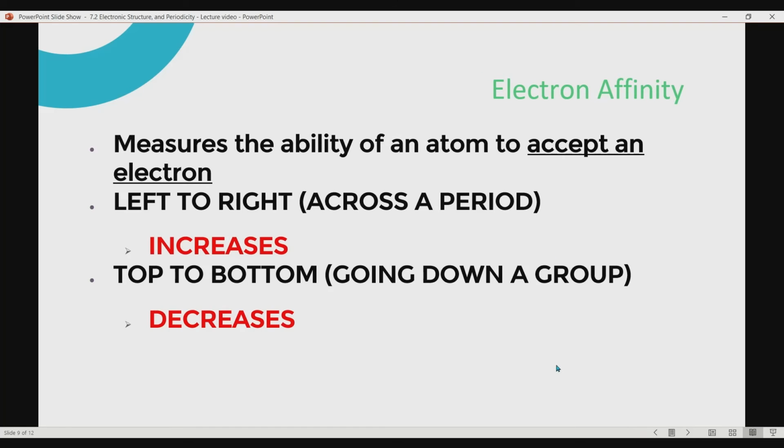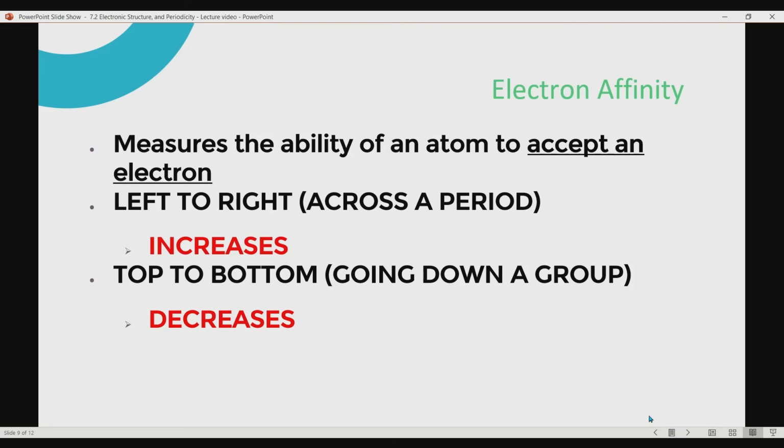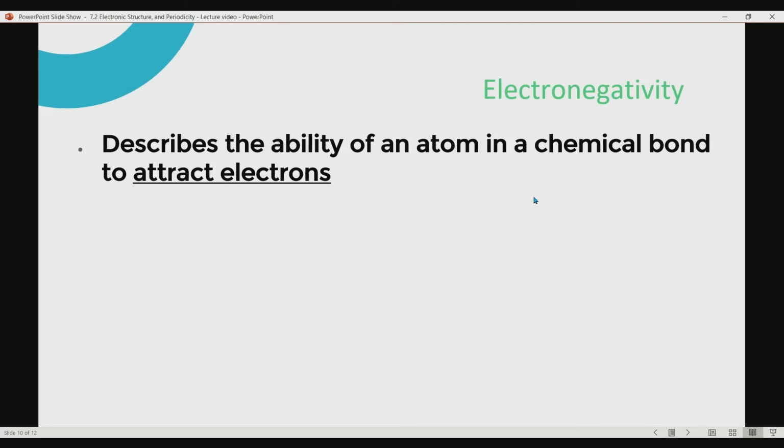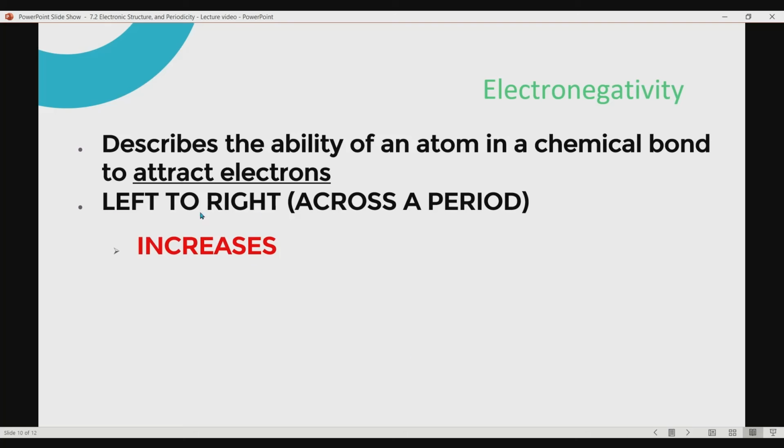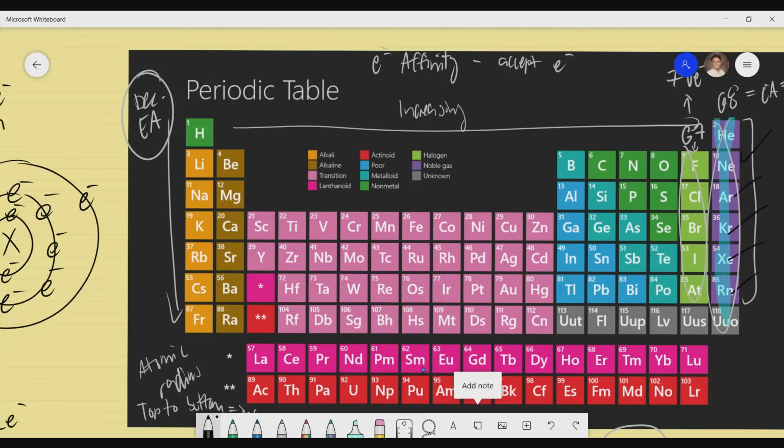Okay? Kung si electron affinity ay pagtanggap, okay, tanggap, si electronegativity ay mang-attract. Okay? Electron affinity accept, electronegativity attract electrons. So what will be the trend? From left to right, increasing, and then from top to bottom, decreasing.